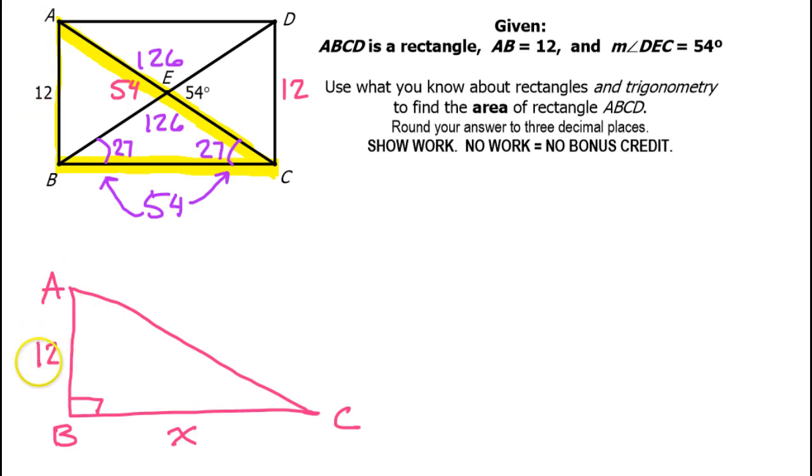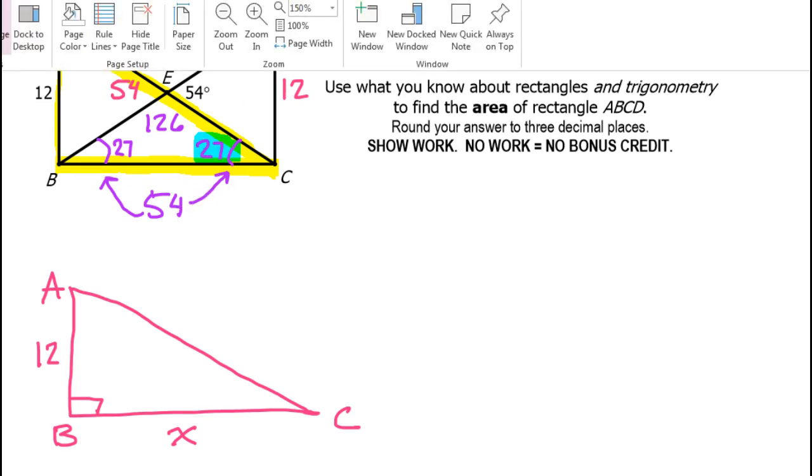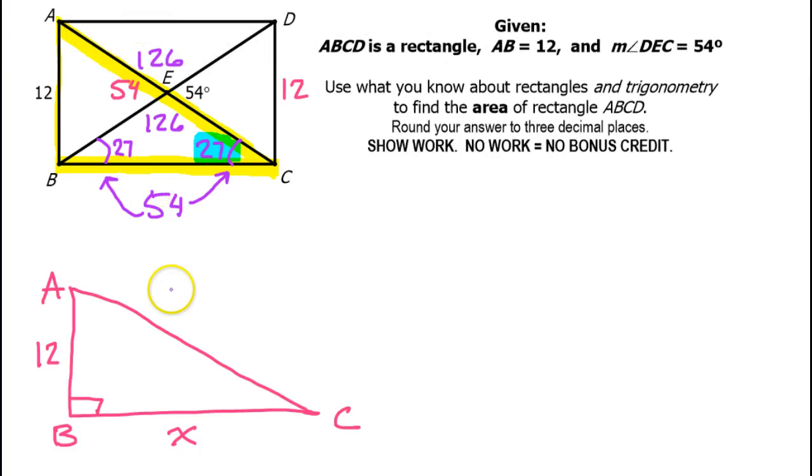So there I've got 12 right there. Now here's the thing that's the most important that we just found that we needed. This angle right here, that 27. Can you see that the 27 degrees is going to be right here in my new picture. Okay, so there's my 27 degrees.